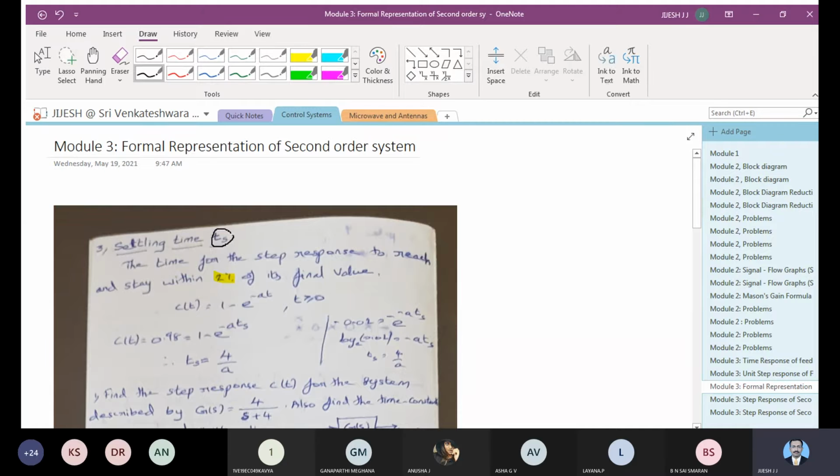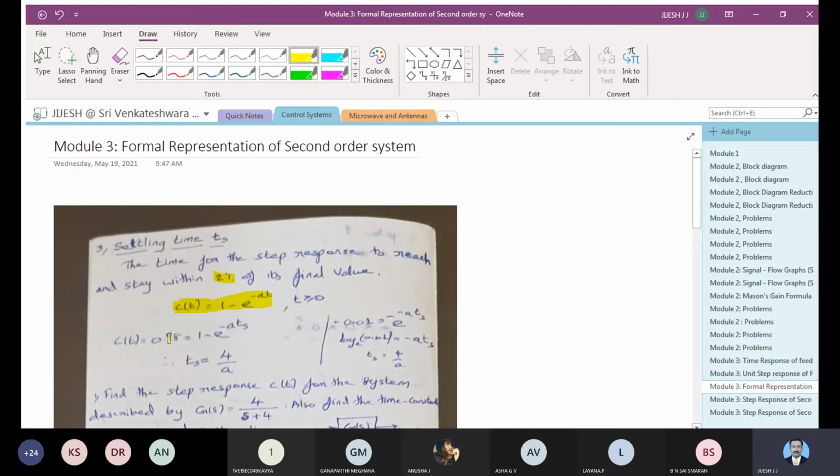The notation is Ts. So let us use the same equation, c of t is equal to 1 minus e to the power of minus a t, for t greater than or equal to 0. When you substitute, c of t will be 0.98, so 1 minus e to the power of minus a t, and instead of t we have written Ts.